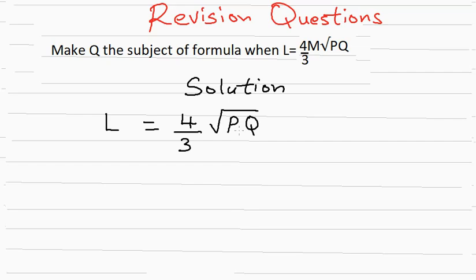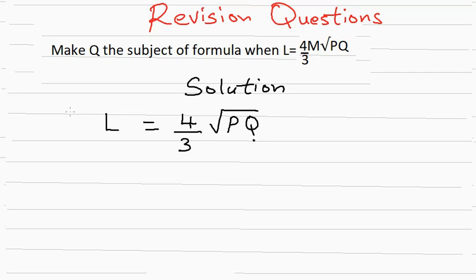You know very well that for you to express a particular variable as a subject, first of all, you have to find out if there's any kind of function that restricts that variable from being transferred to the left hand side of the equation, because making Q the subject of the formula is the same as expressing Q in terms of L. That simply means this Q is supposed to be exactly where this L is, then L will be at the right hand side.